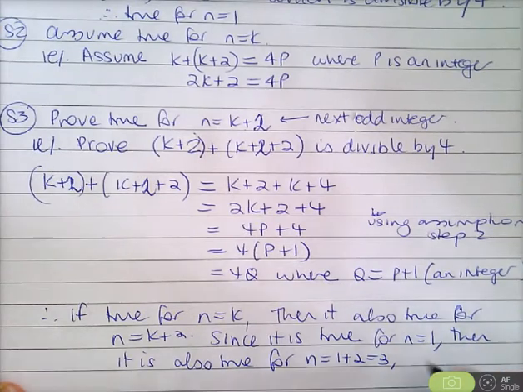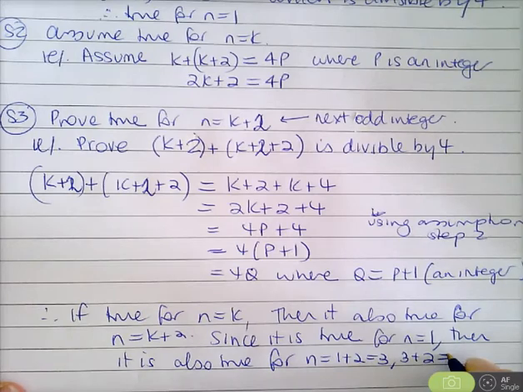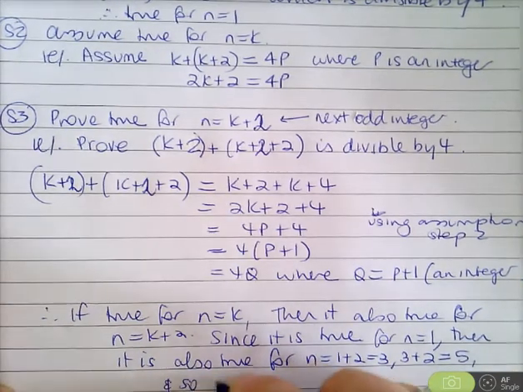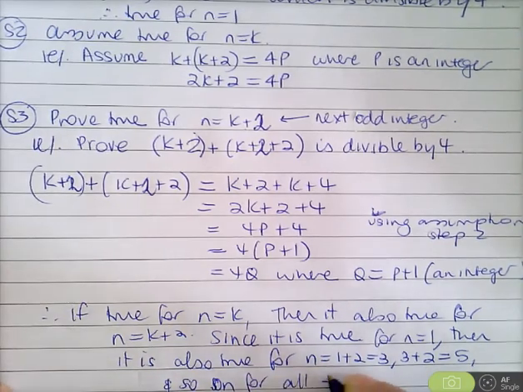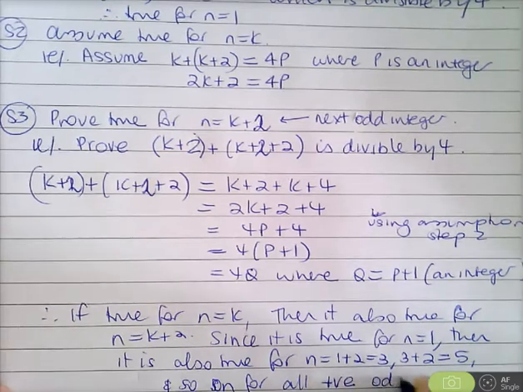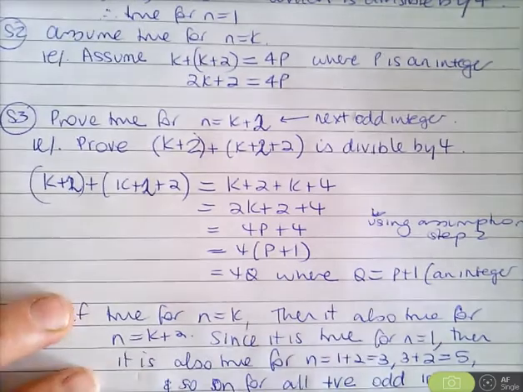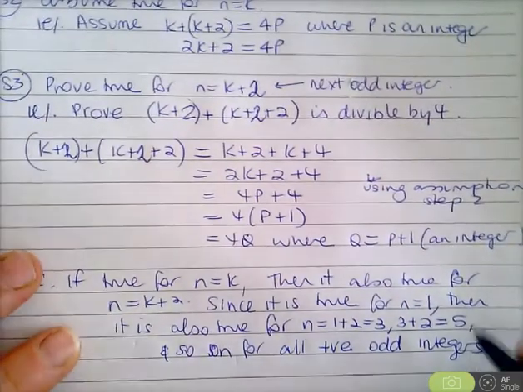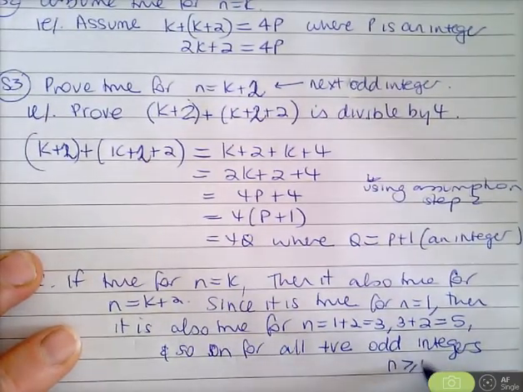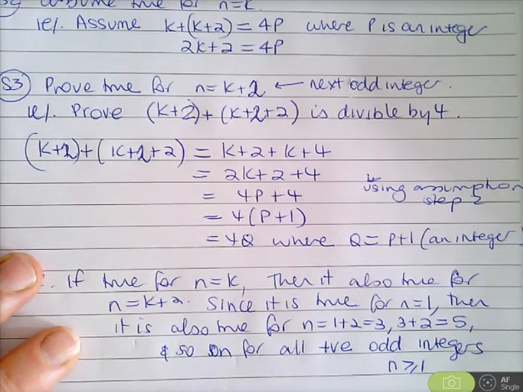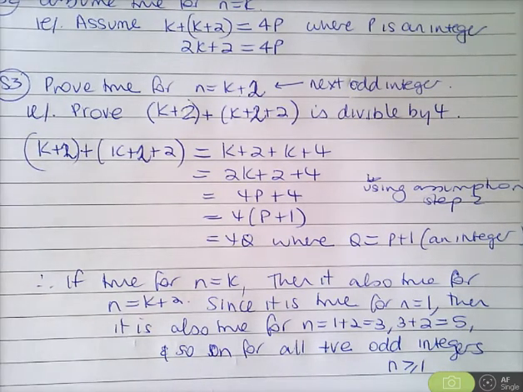When I did the even one before, last lesson, 3 plus 2 is 5, and so on for all positive odd integers n greater than or equal to 1. I don't know if I did that correctly.